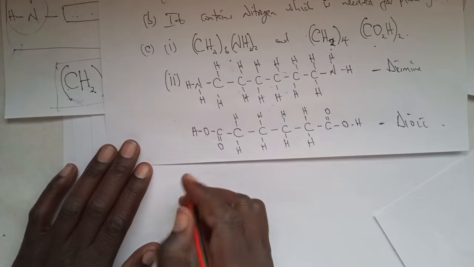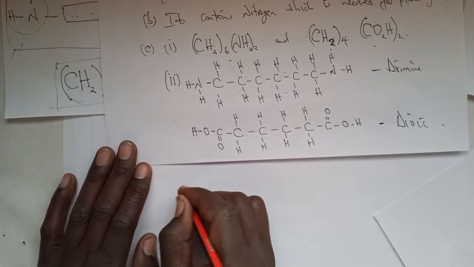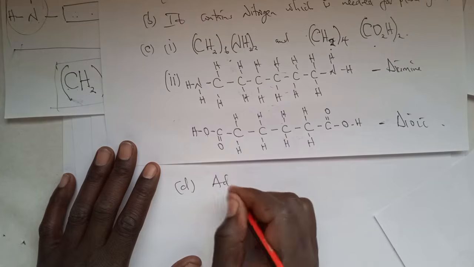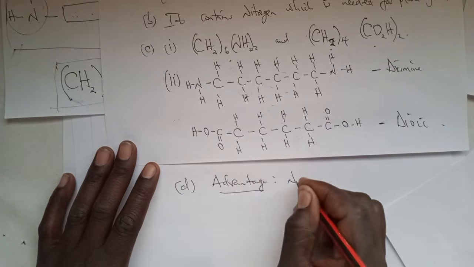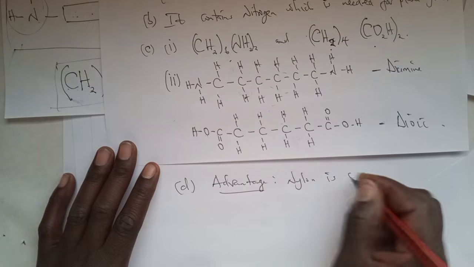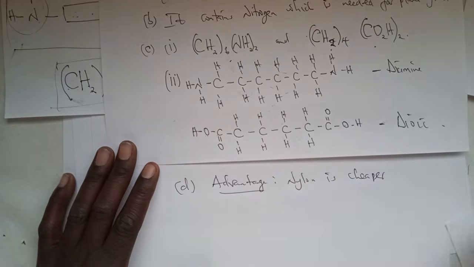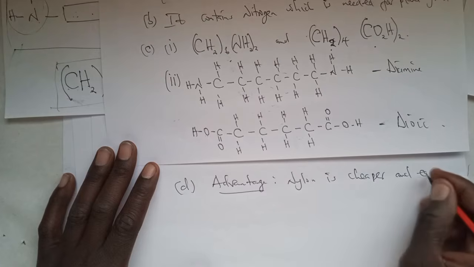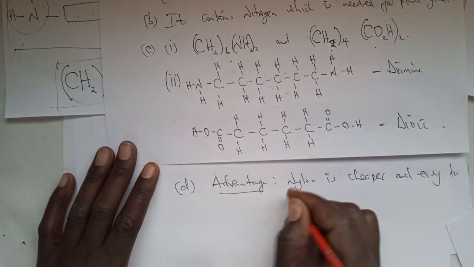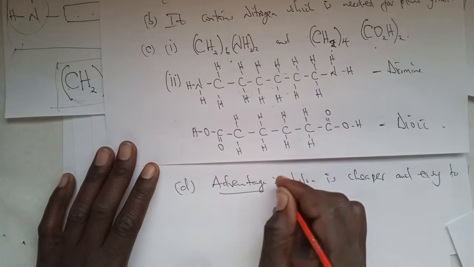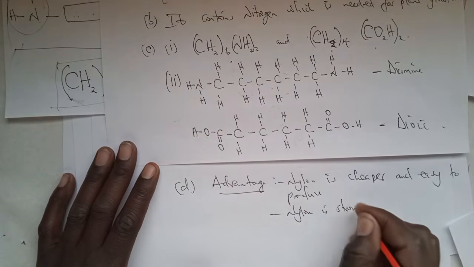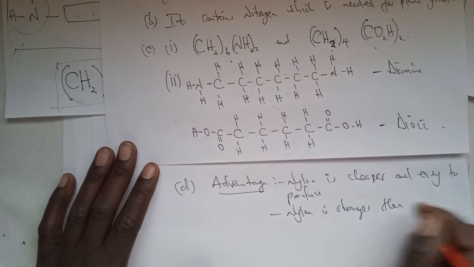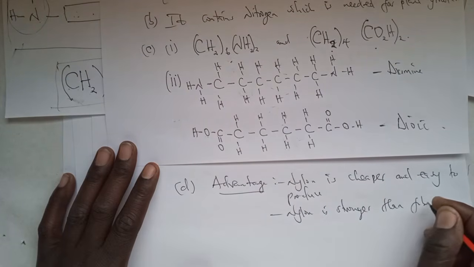So to answer that, we can put the answers here. That was question D. We can say, advantage: nylon is cheaper and easy to produce. The other advantage is that nylon is stronger than fiber or natural fiber.